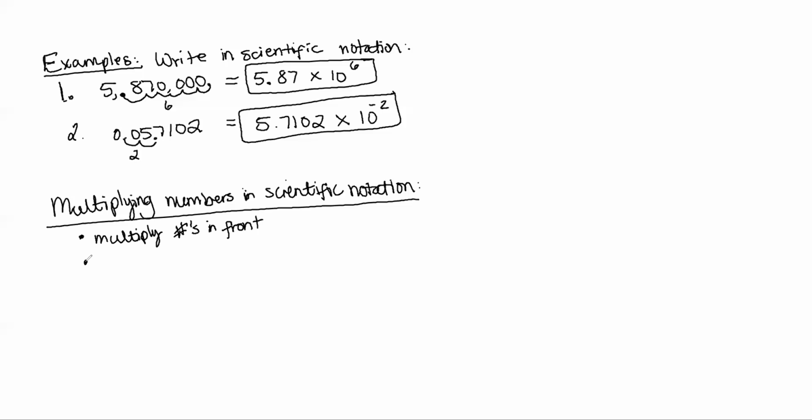And then for the tens in the back, we're going to use our product rule with the exponents. And so what I mean by that, let's go ahead and look at some examples.